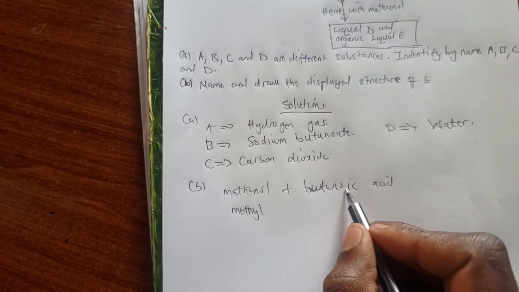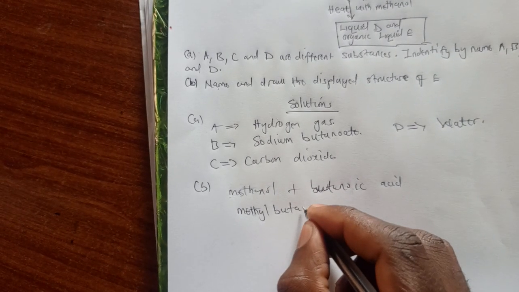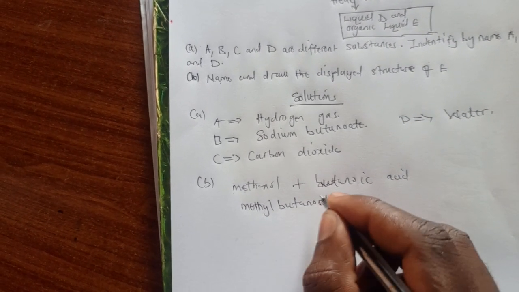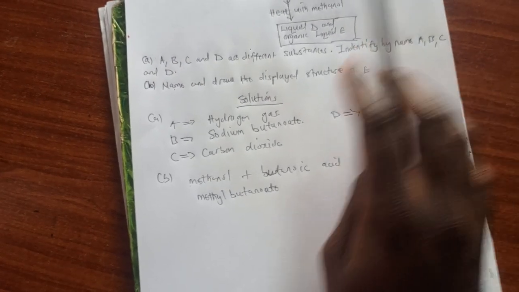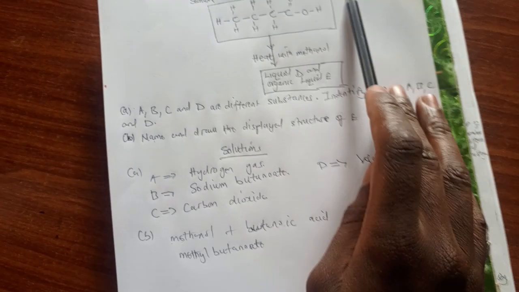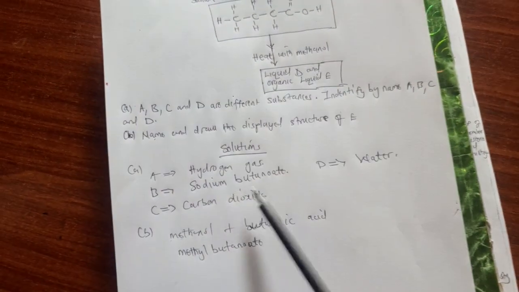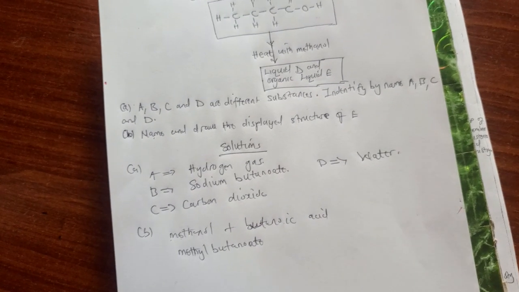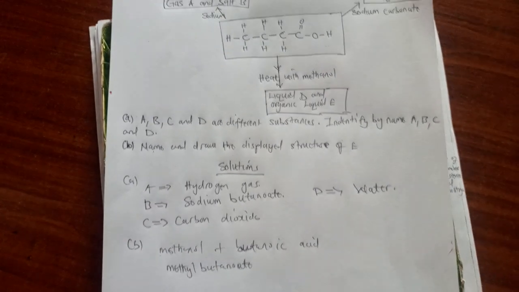Then butanoic will change to butanoate, in the same way it changed when this butanoic acid reacted with sodium.